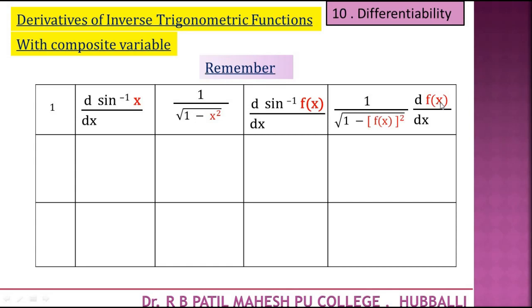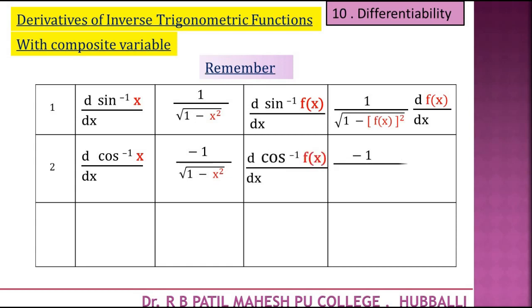In the same way for the remaining inverse trigonometric functions with composite variable. The second one is d by dx of cos inverse x. It is given by minus 1 divided by square root of 1 minus x square. If it is composite, that is f of x instead of x, then minus 1 divided by square root of 1 minus f of x whole square into d by dx of f of x.